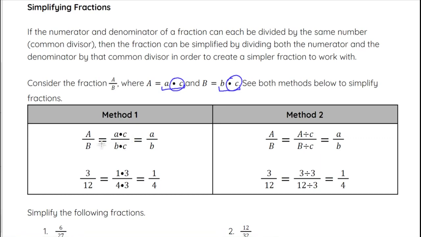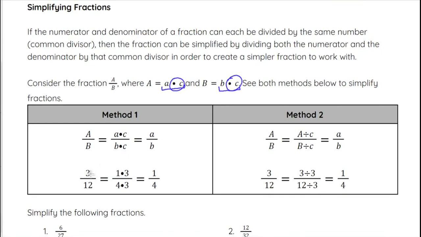In letters, we can see we have two options in terms of how we can simplify fractions, two methods that are very similar, but maybe you think about them slightly differently. I'm going to jump to the numbers, but the letters are written out here for you in case you want to see it that way, but sometimes it helps to see it with a number example. So 3 over 12, if I were to simplify 3 over 12, method 1 would think of rewriting that top number as multiplication.